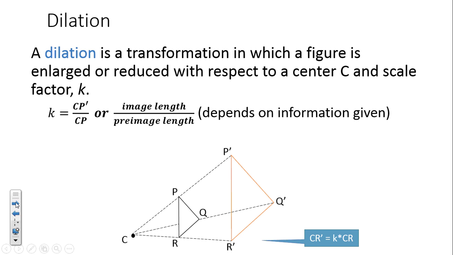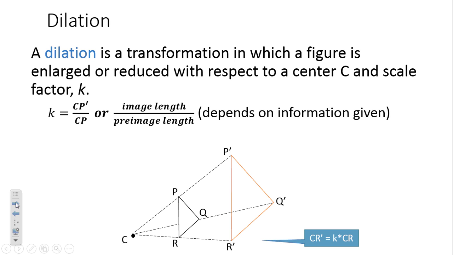Let's see how it works. But one thing to remember is that K will always be either the distance between the original C and the new point divided by C to the original point, or the image length versus the pre-image length, depending on how they give it to you.